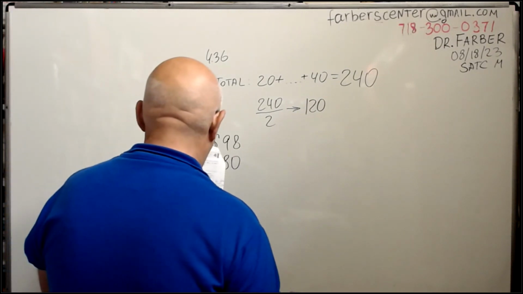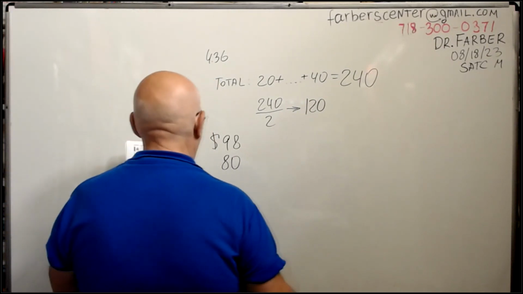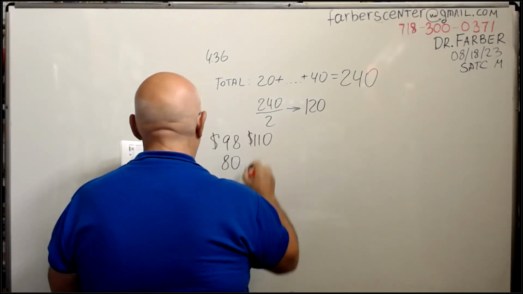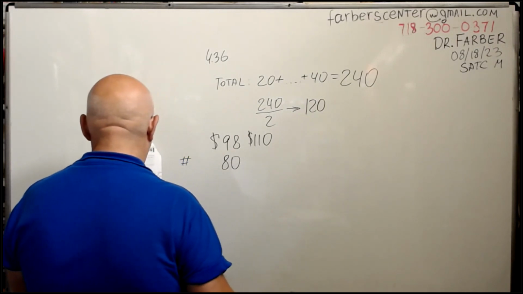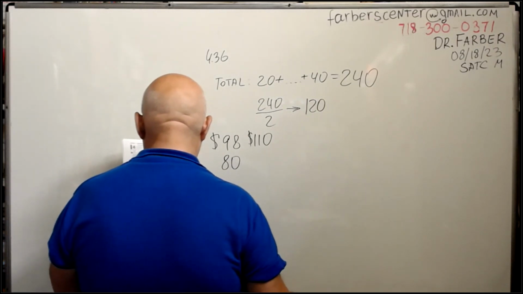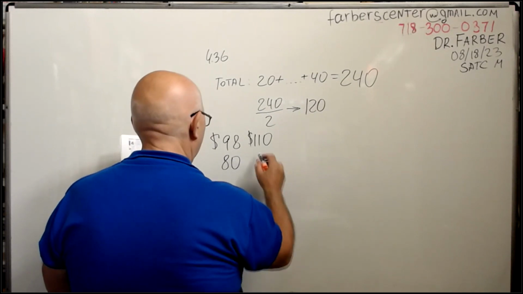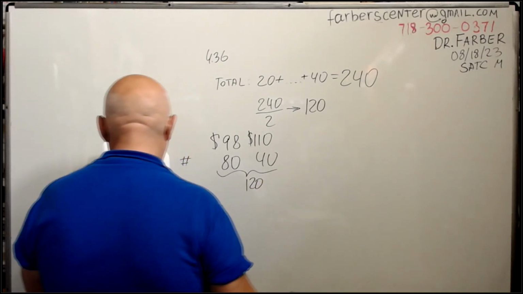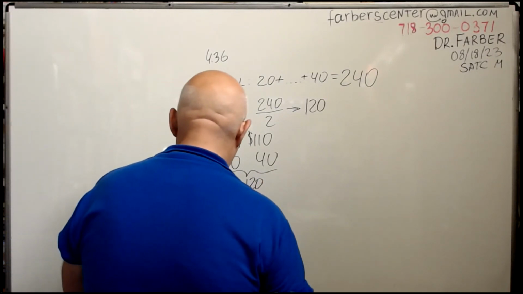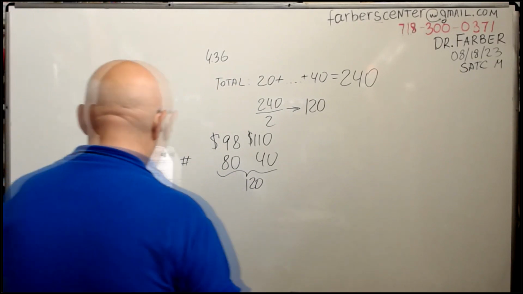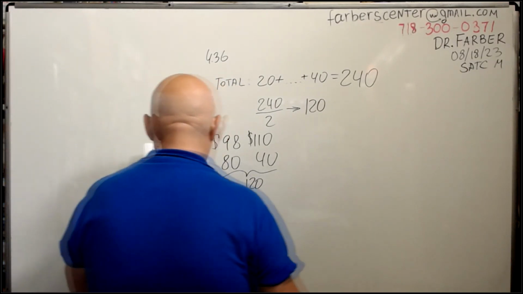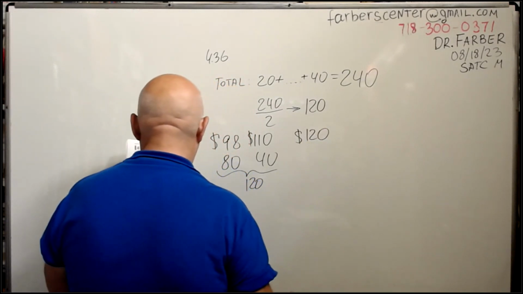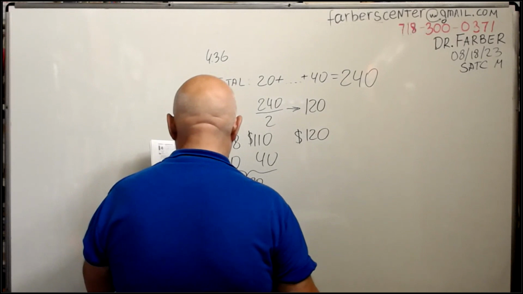Next smallest number is, look on this table, is $110. How many phones we have for 110? 40. Look at this. This is 120. Okay. Next is $120. And how many of them we have? 20.